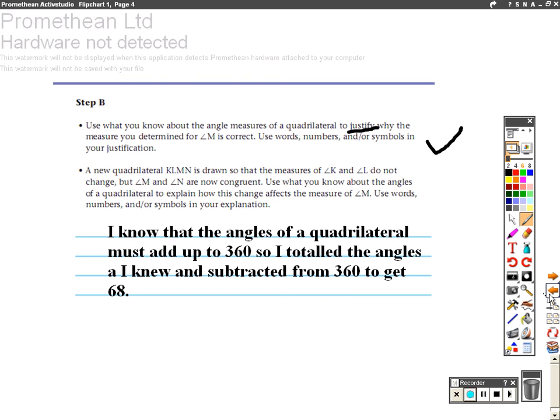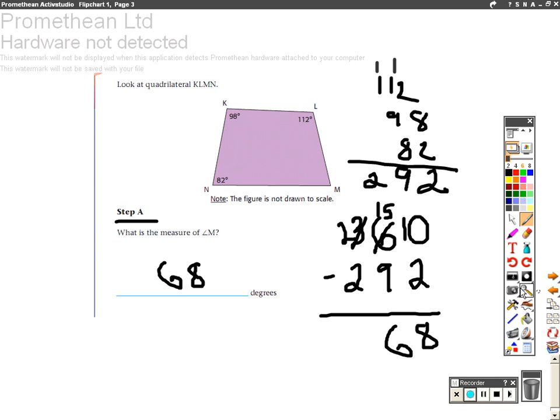M and N are now congruent. Okay? To be congruent, it means they're equal. If K and L aren't going to change, and M and N have to be the same, well, this can't be 82 because how it currently is, it would have to be 68. That must mean that this is also a blank. So now I'm going to call this X, and I'm going to call this one X.